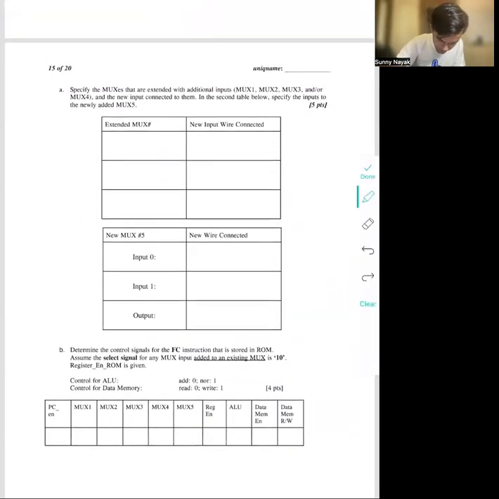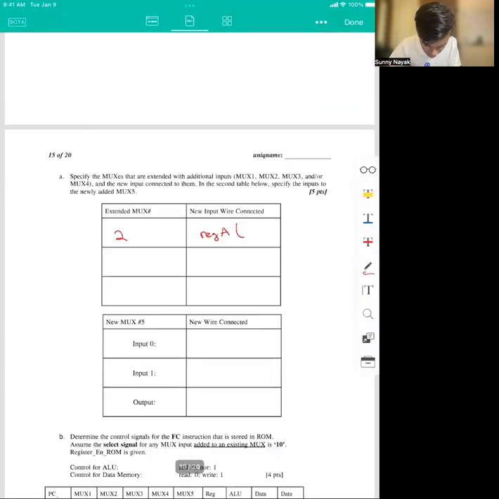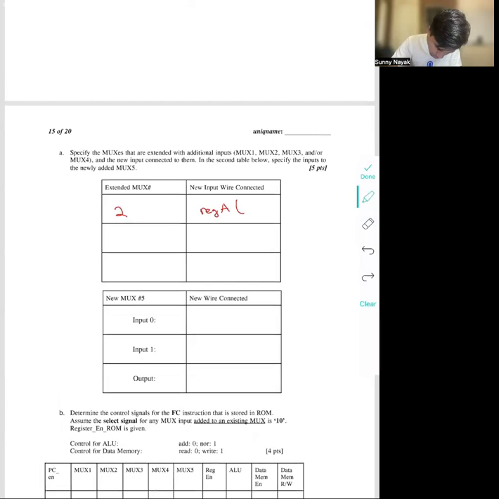So we're going to say that the mux we're extending is 2, and the input wires that we're connecting is going to be reg A. Or an alternative way to represent it would probably be just the bits. If I remember correctly, back when we did this exam, we accepted both.